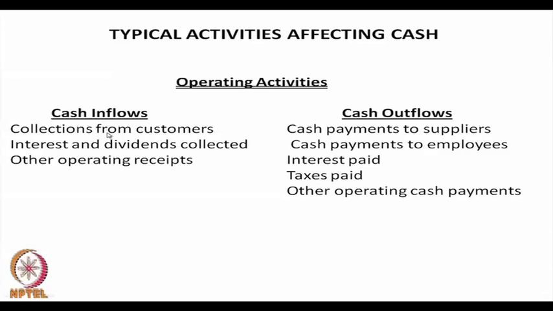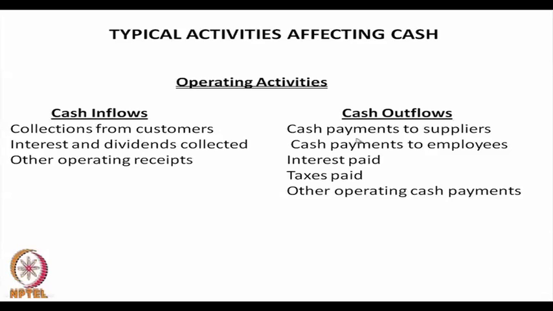Therefore, cash inflow may take place not just because of current sales, but because of credit sales that have taken place sometime in the past. So, cash collection could be out of cash sales in the present year and credit sales in the past year, or even in the present year, if the cash collection time is less than a year, which it should be.